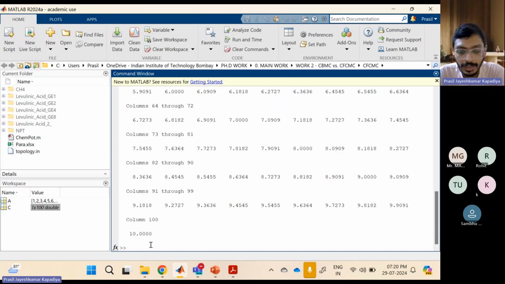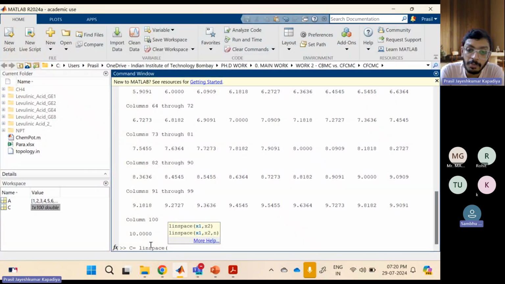Okay, tell me, how do I write it? I want 100 points between 0 and 1, using the linspace command. Manish, can you help me?